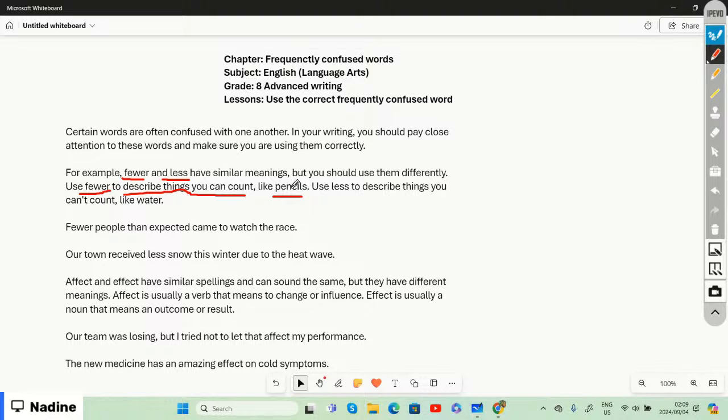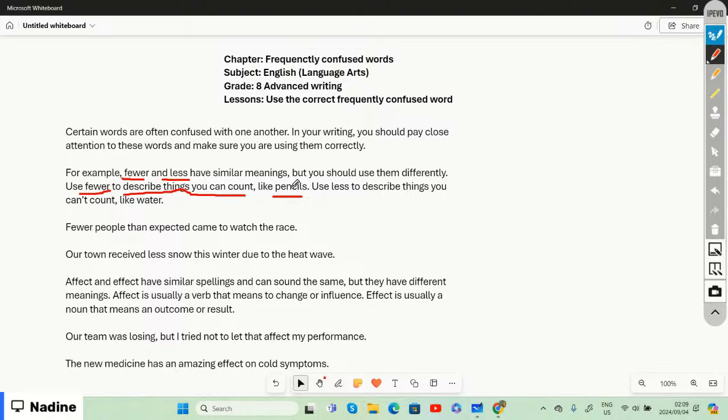Discs, colors, crayons, right? These are things that we can count. Which means that we would say that there are fewer pencils, right? Fewer pens, fewer people, because people we can count, right?